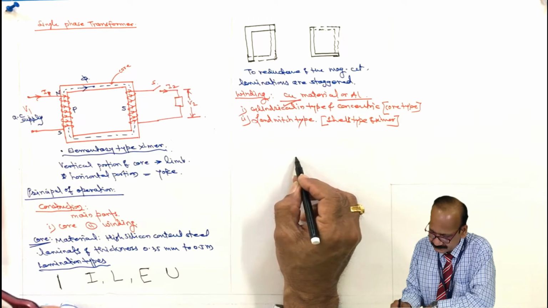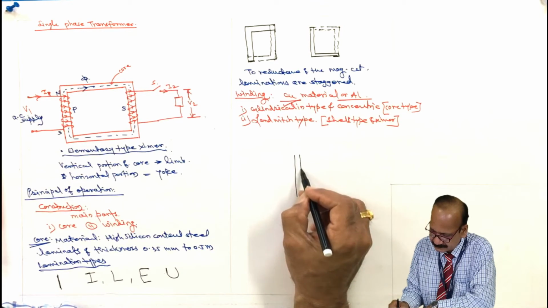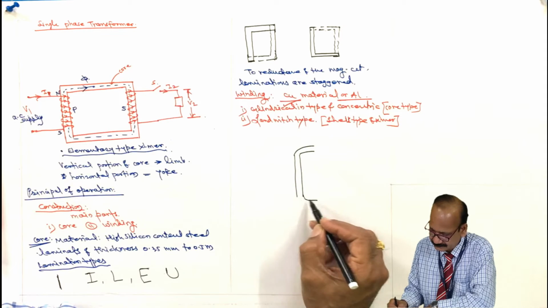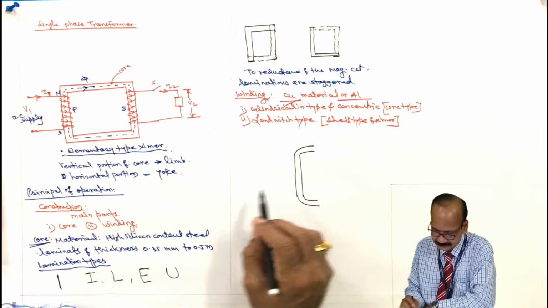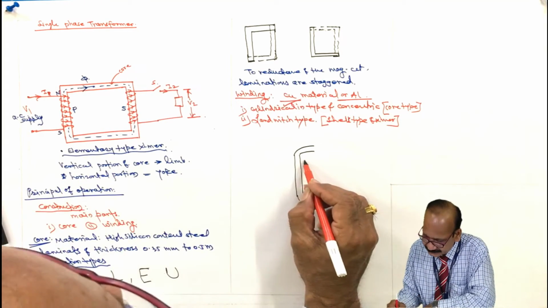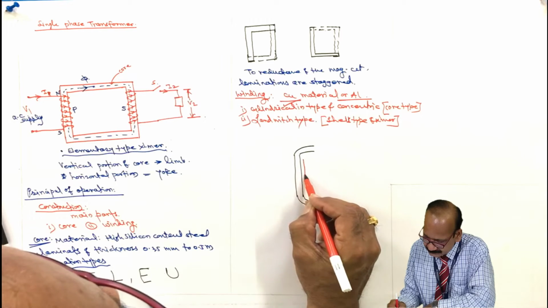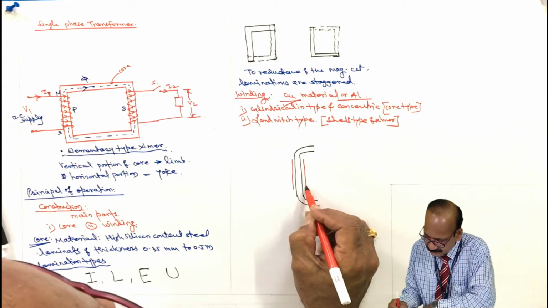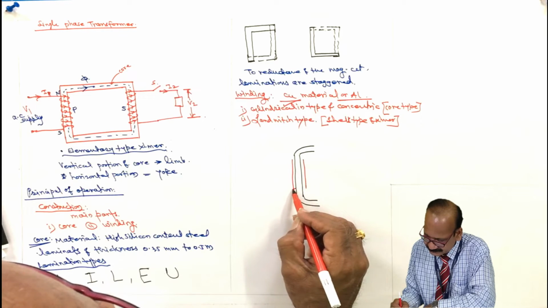Say, this is a core. Now we have to put, first thing, this is insulation.